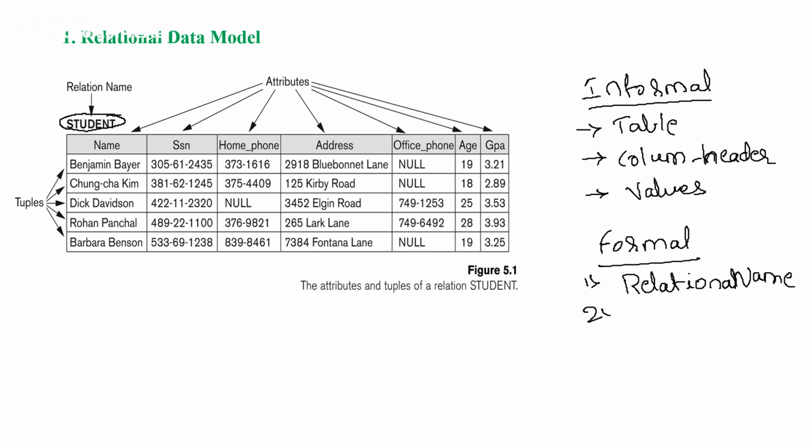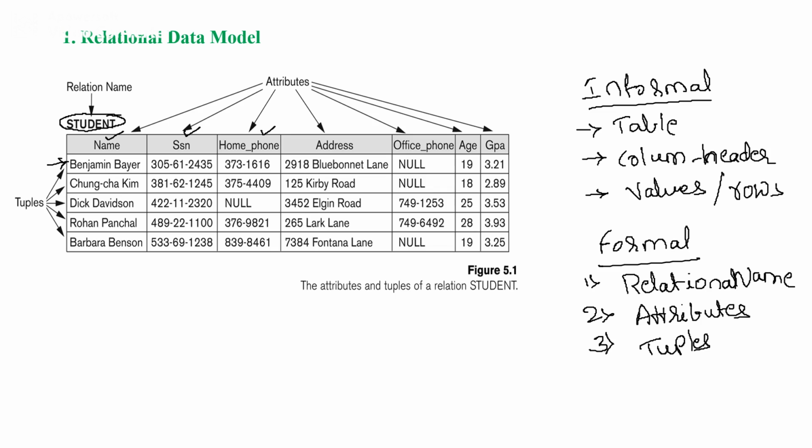The column headers of the particular table we now call attributes. Each row, or the set of rows, we call a tuple, instead of values or rows.